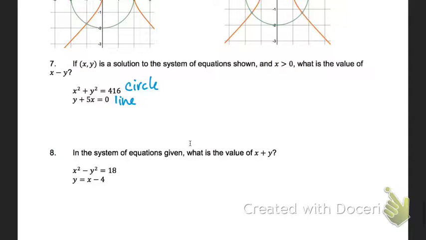How could I solve this? You do y equals -5x. Substitute it in, so x squared plus (-5x) squared equals 416. Notice that I put the -5x in parentheses. So what ends up happening when I square the negative 5x?